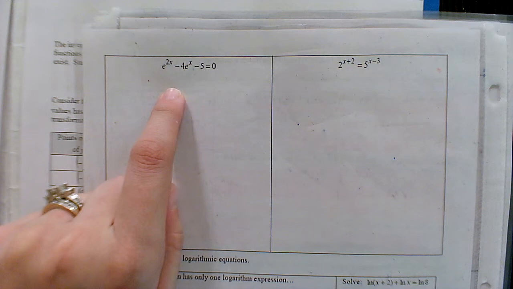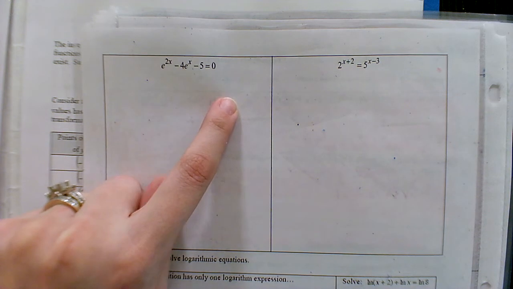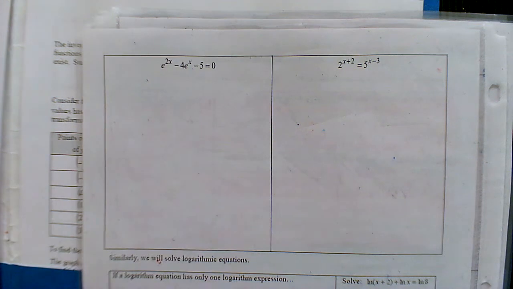Okay, so we can't just get one all by itself. We also cannot get the same base on the left and the same base on the right because that little minus 5 in there is kind of screwing things up for us. Let me flip this paper for a moment.